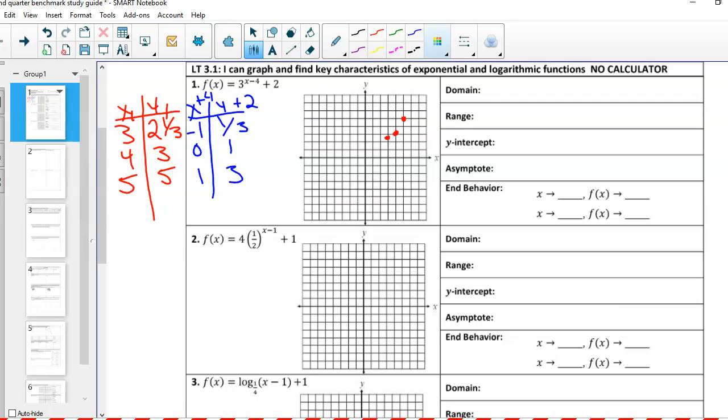Right. For your exponential functions, not your log functions, your asymptote is dependent on whatever your vertical shift is. So there will be an asymptote at y equals 2.